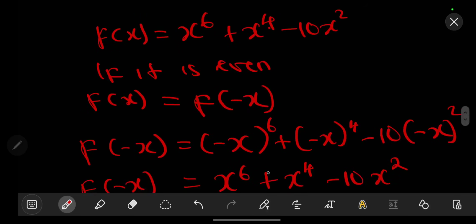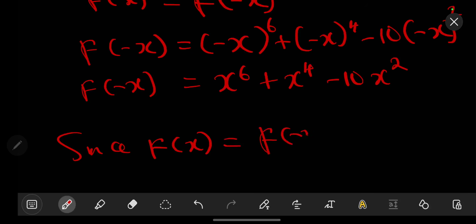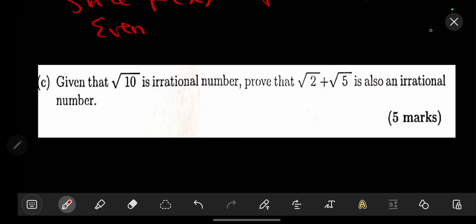As you can see, it is still the same as your f of x. So since f of x is equal to f of negative x, you can say that it is even. That is how we solve that one. Let's move on to our next question.